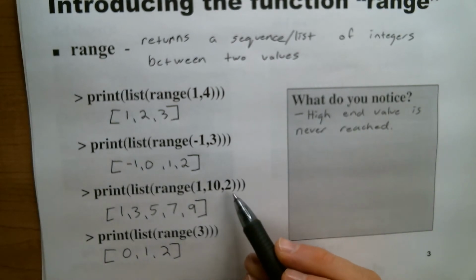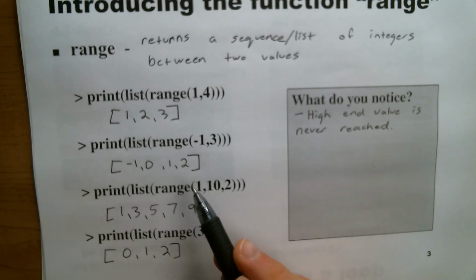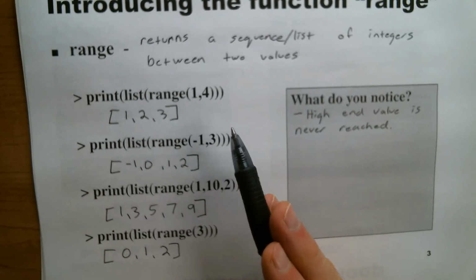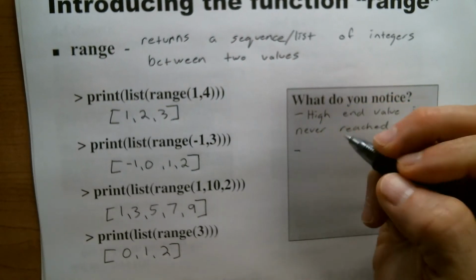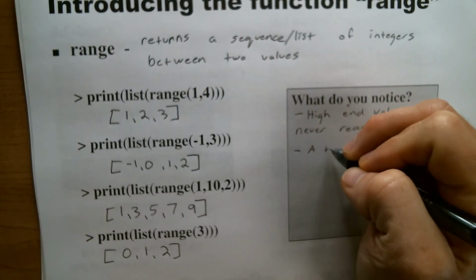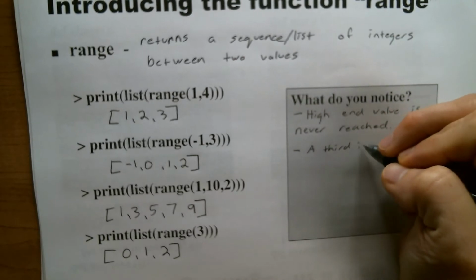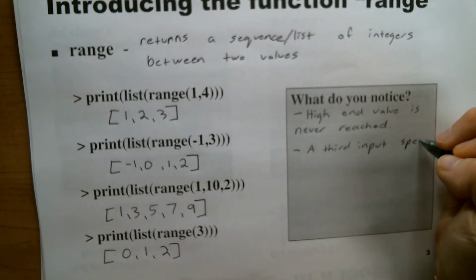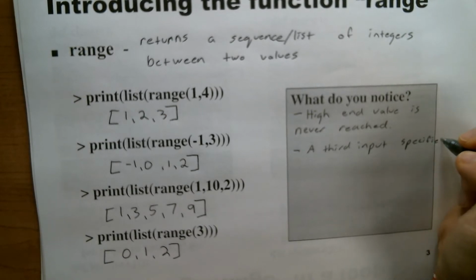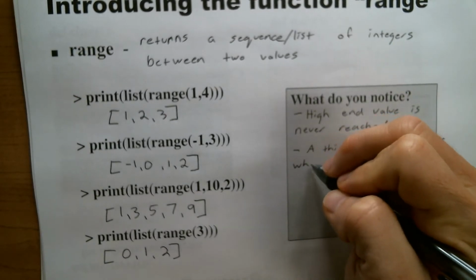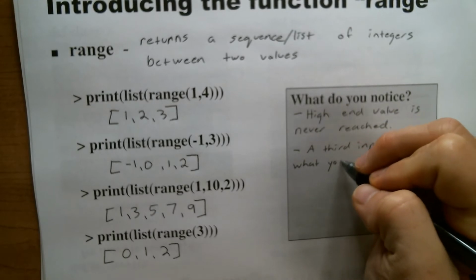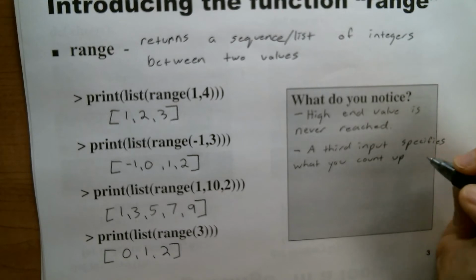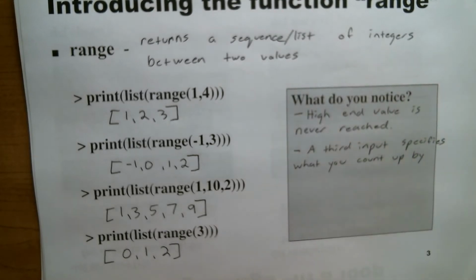If you provide a third input, so here we have 3 inputs instead of just 2 inputs, the third input specifies what you count up by, with the default being just 1.